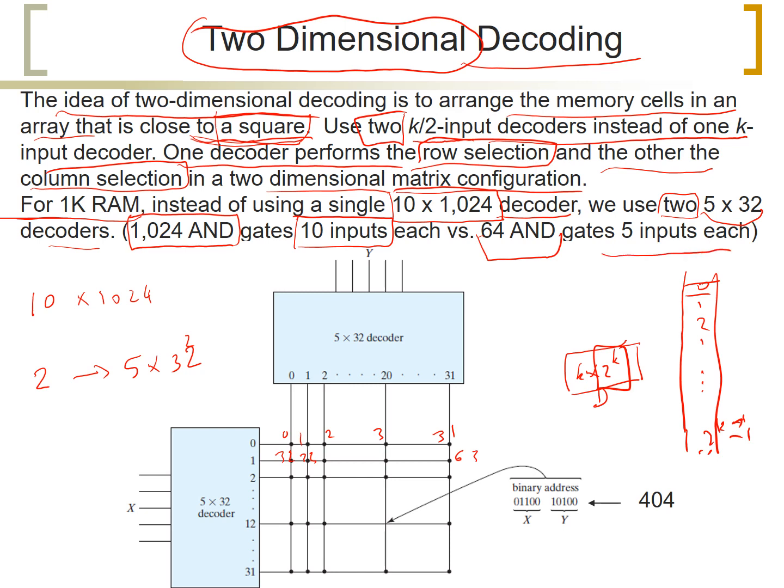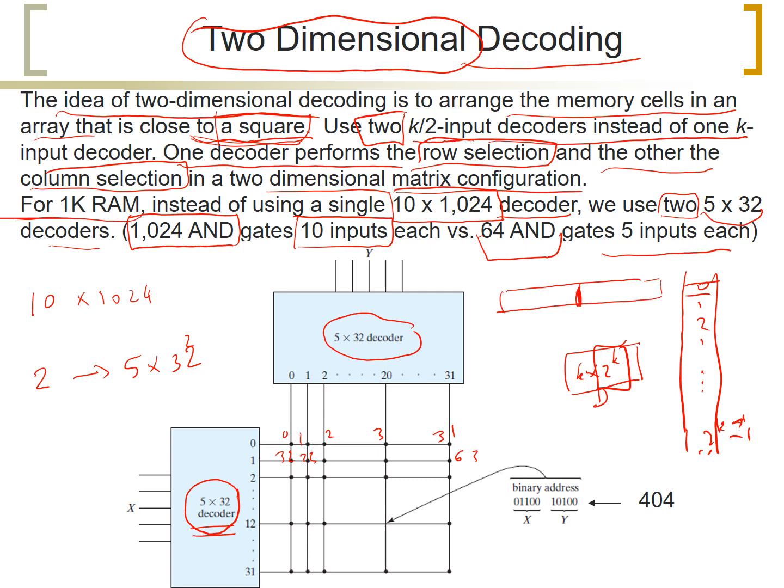The construction of the memory and the decoders in this case will be as follows. The two decoders, as we said, the first one will address the rows of the memory. It's 5 by 32. And the second decoder addresses the columns of the memory, which is also 5 by 32. Let us assume that the address is divided into two parts. So this is a 10 bits address.